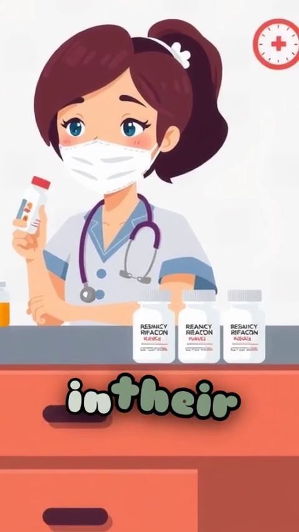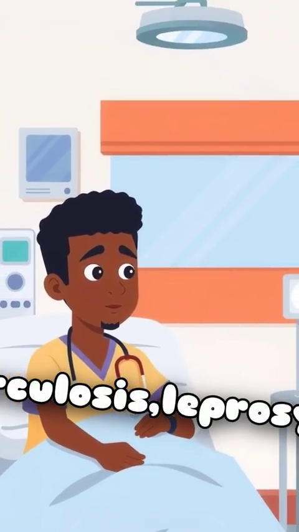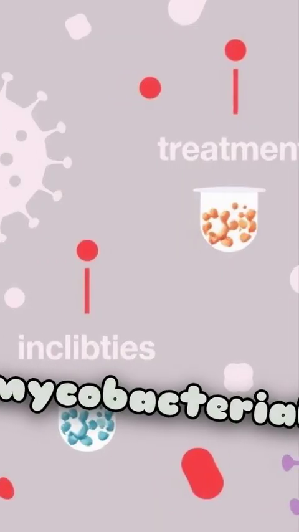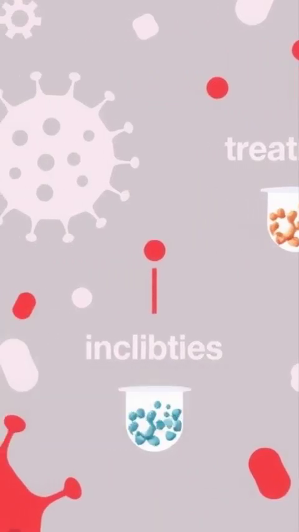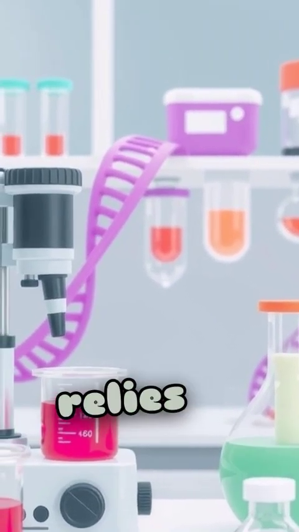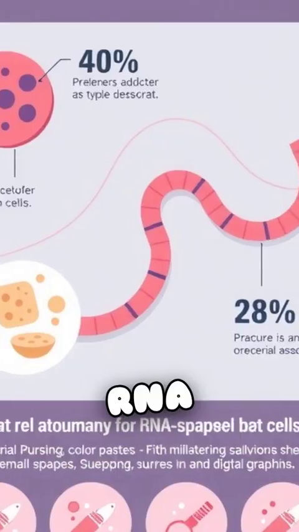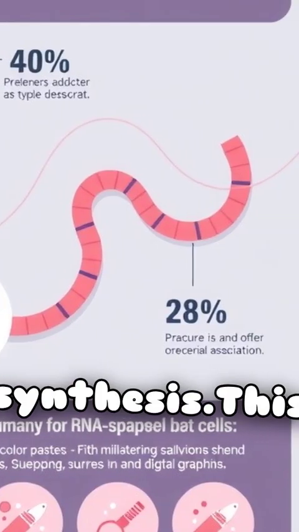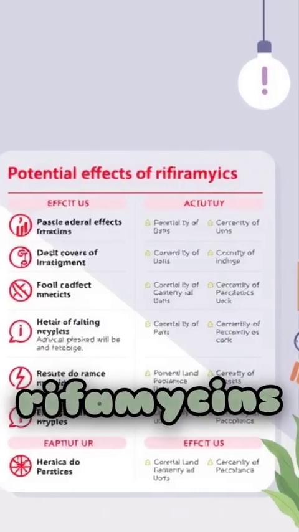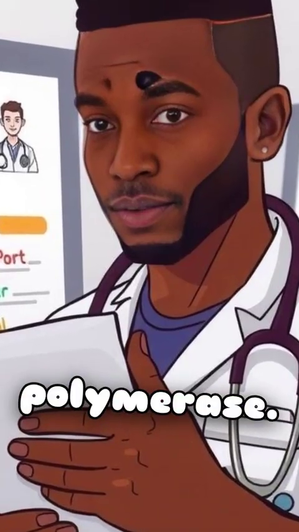This resulted in their widespread use in the treatment of tuberculosis, leprosy, and AIDS-related mycobacterial infections. The antibacterial activity of rifamycins relies on the inhibition of bacterial DNA-dependent RNA synthesis. This is due to the high affinity of rifamycins for the prokaryotic RNA polymerase.